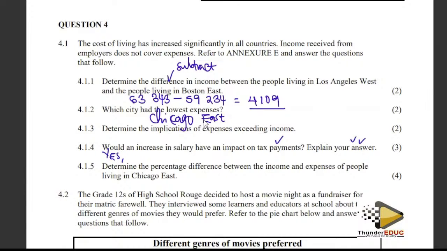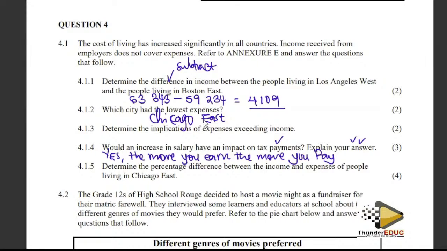And this simply means the more you earn, the more you pay.